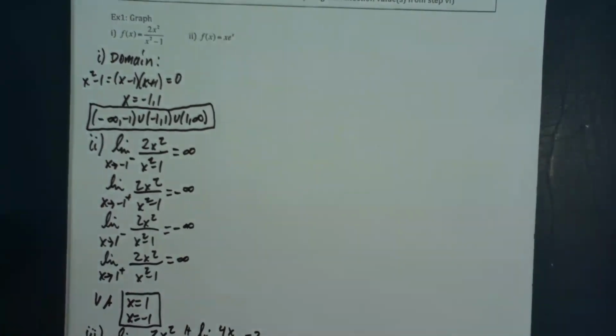That's going to be 4x over 2x, which means this limit is going to 2, because the x's reduce out, of course, and 4 over 2 is just 2.